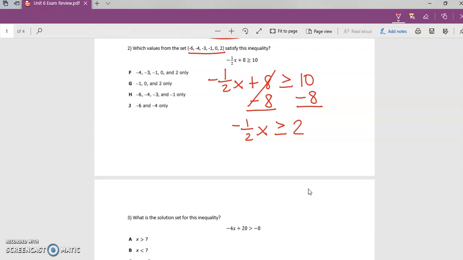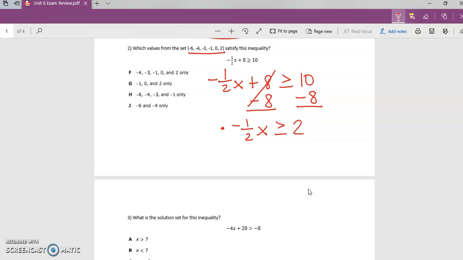Okay, so now I have to get rid of this coefficient. How do I get rid of the negative 1/2? Remember, it's negative 1/2 times x. So what's the opposite that we can do? Let me rewrite this right here.